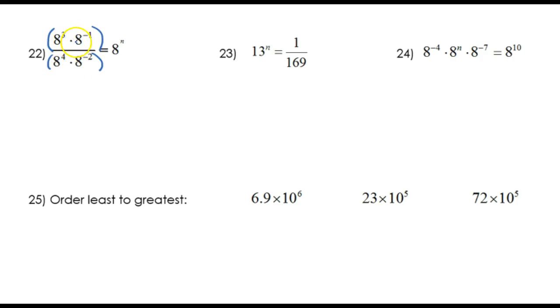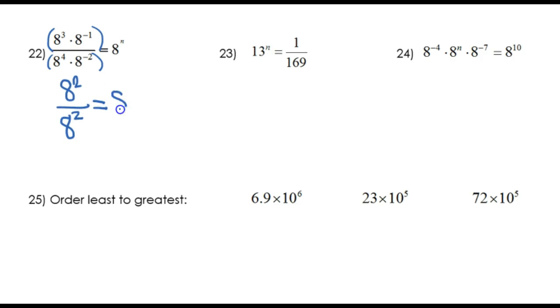So 8 to the third times 8 to the negative first. Bases are the same, we're multiplying. We know we need to add the exponents. 3 plus negative 1 is 2. Same thing on the denominator. 8 to the fourth power times 8 to the negative second power. We're multiplying, so we add the exponents. 4 plus negative 2 gives us 8 to the second power.